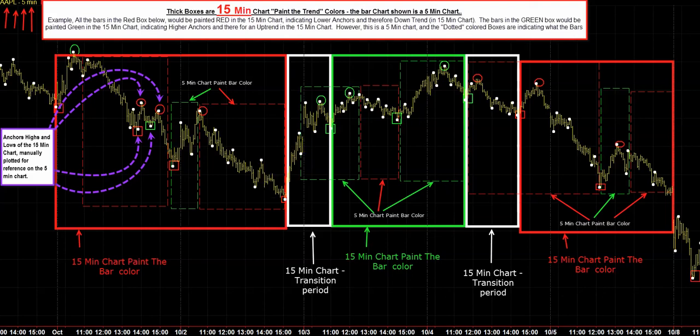So this point here would be painted green. Actually, the green would be painted from here, but retrospectively. But in real time, that paint would start here. So basically, we would know at this point that this transition period actually turns green here.